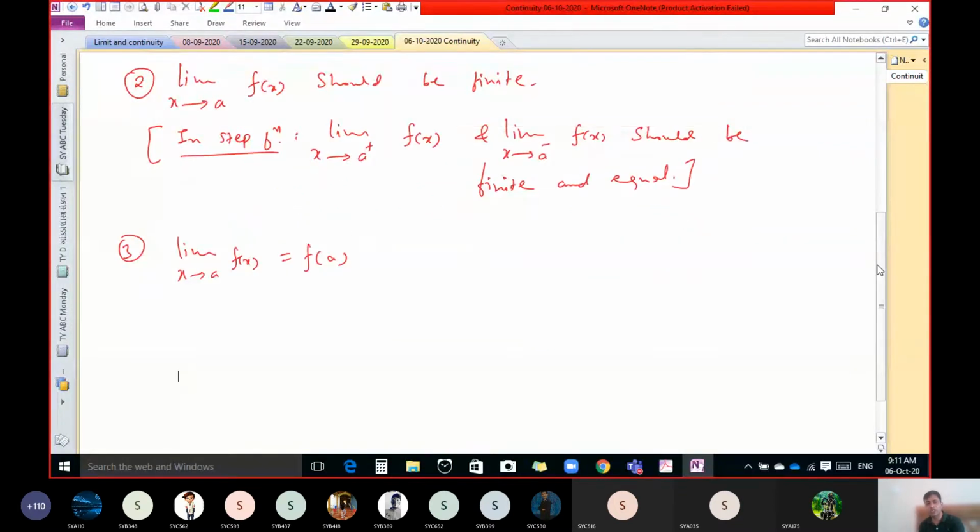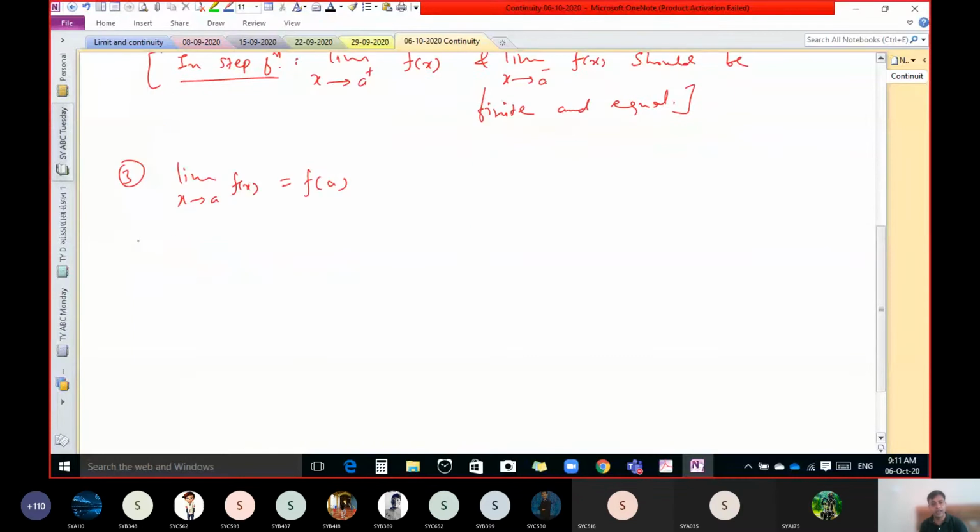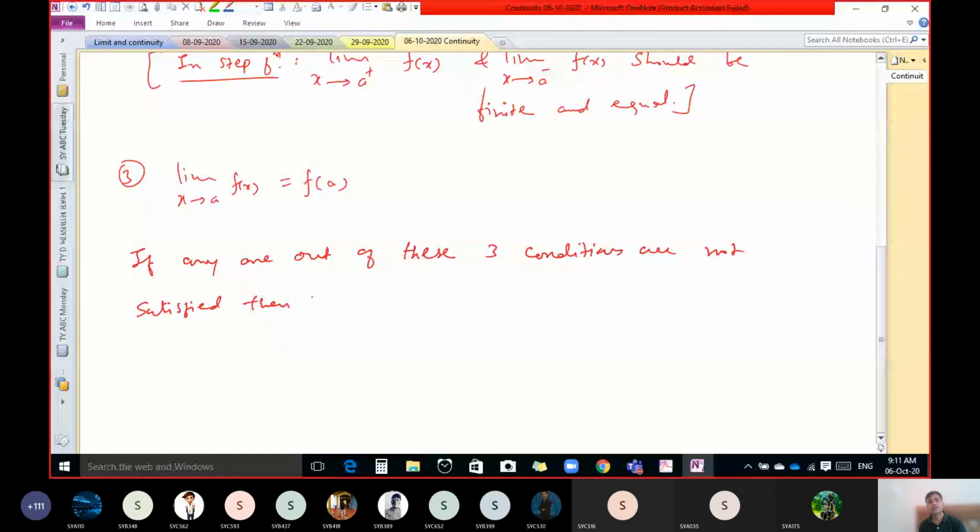If any one out of these three conditions is not satisfied, then we can say that the function is discontinuous at x equal to a.